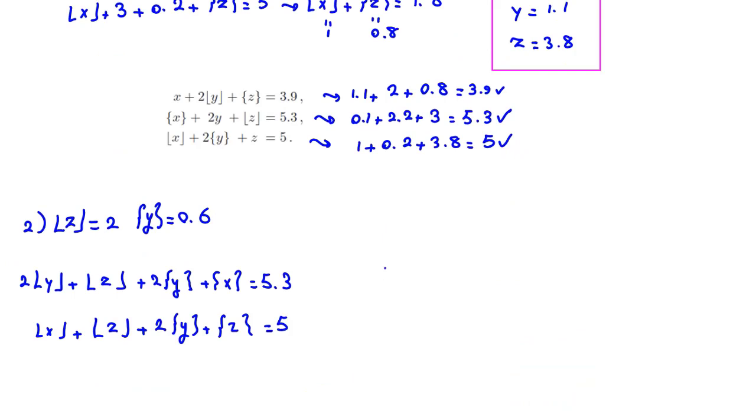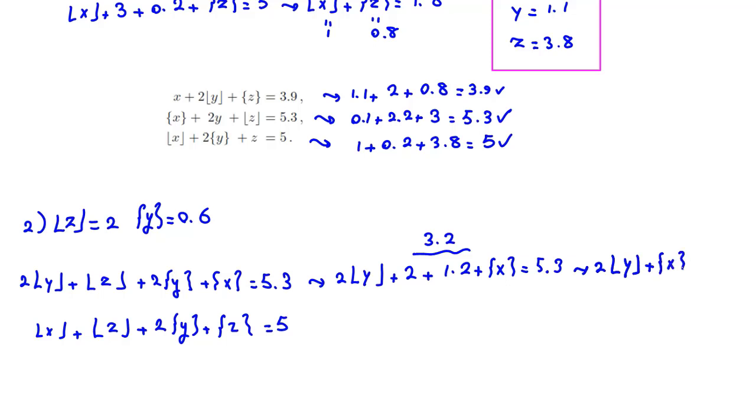Okay, so for the first one, we say 2 times the integer part of y plus the integer part of z, which is 2, plus 2 times this 1.2 plus x equal to 5.3. So this part is 3.2. So 2 times this part plus the fractional part of x equal to 2.1. And if you consider the cases, because it is an integer, it is 0.1, and this one has to be 1.